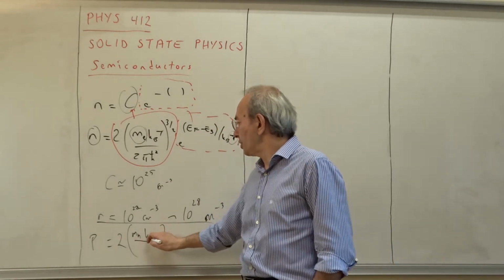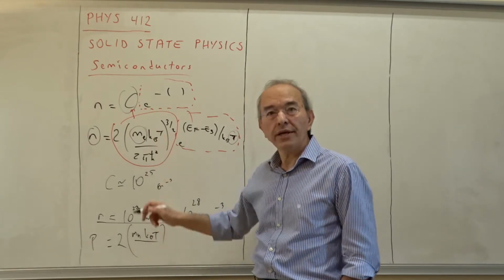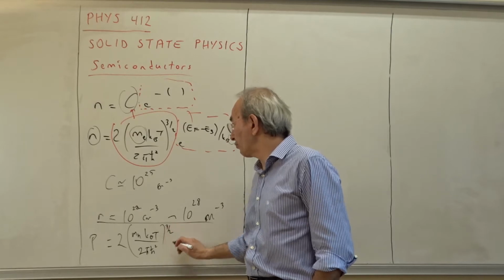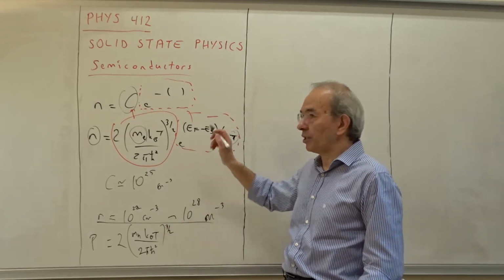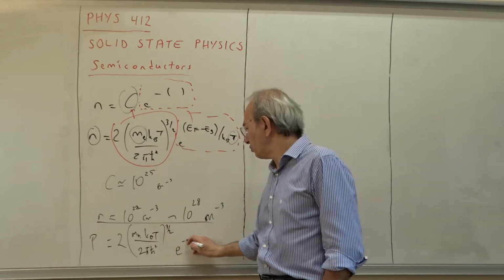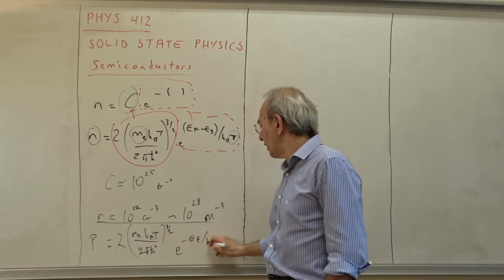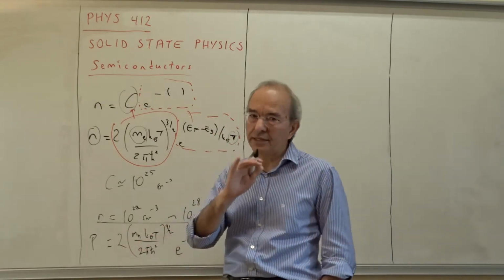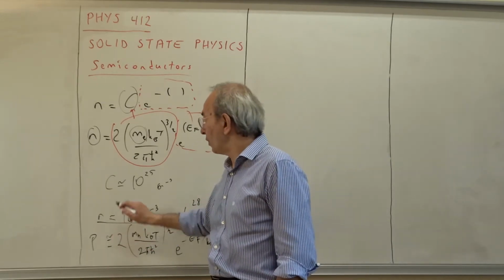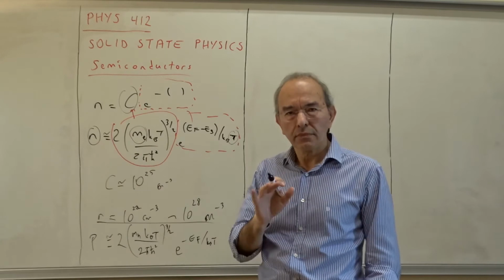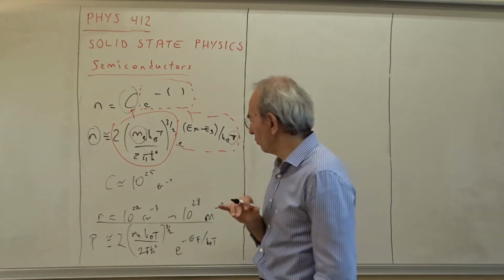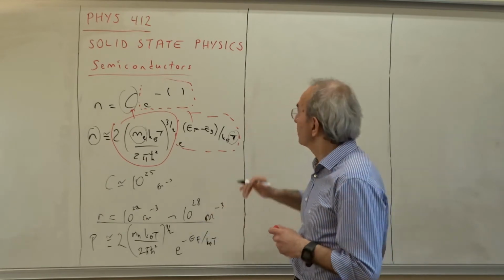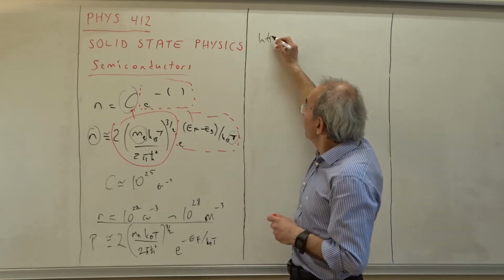Therefore, m_h k_B T, the thermal energy, divided by 2 pi h bar squared, again to the power of 3/2. Now instead of this exponential, we have another exponential, e to the minus E_F only, divided by k_B T, for simplicity. These are not very exact expressions, but they are quite good approximations.